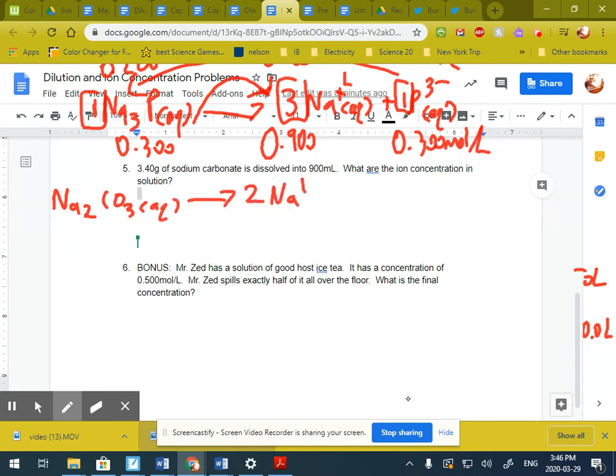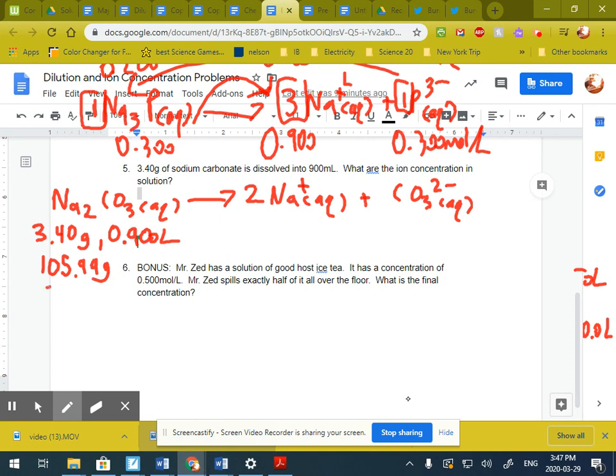That will yield 2 sodium ions and a carbonate ion. Okay. Now we have to figure out what the concentration of this is to start with. 3.4 grams. I'm going to turn that into liters, and I'll need the molar mass of sodium carbonate. Okay, so quickly calculating that, I get 105.99. Same molar mass as the one that we did in the lesson.